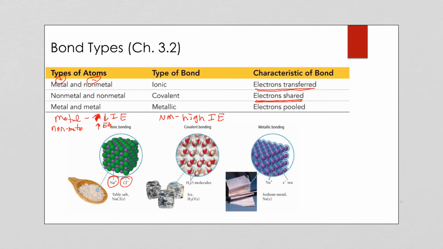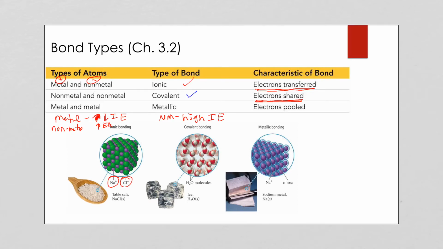And so you have these two nonmetals, they really don't want to lose it, even though maybe they want to gain it, so they just end up sharing, right? We don't get a transfer, we get a sharing of electrons to form covalent bonds, right? So we have ionic and we have covalent.